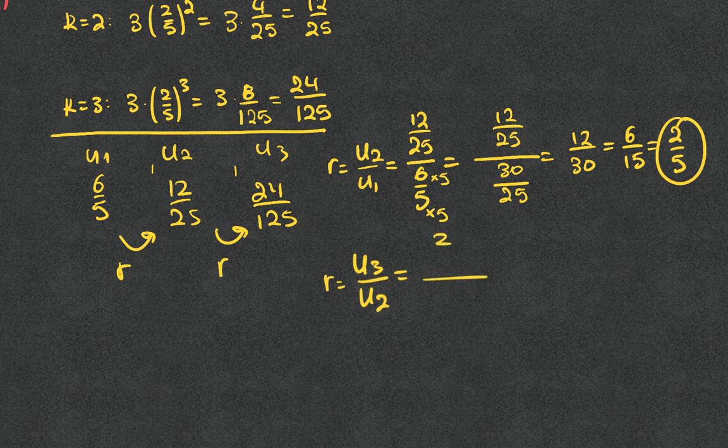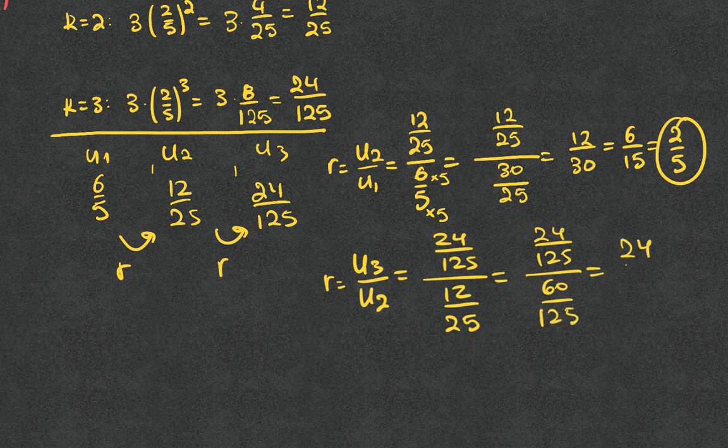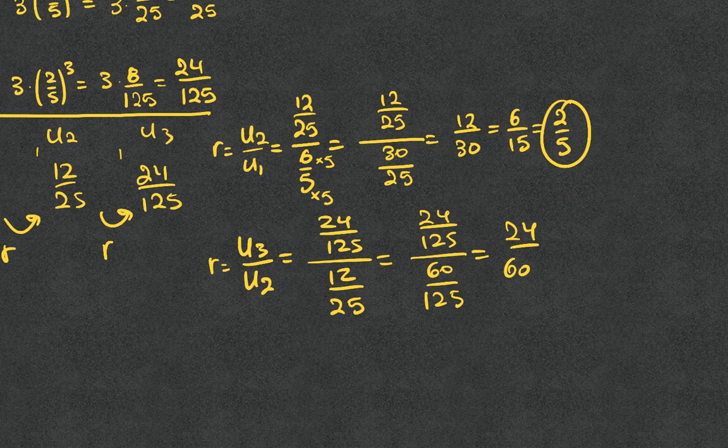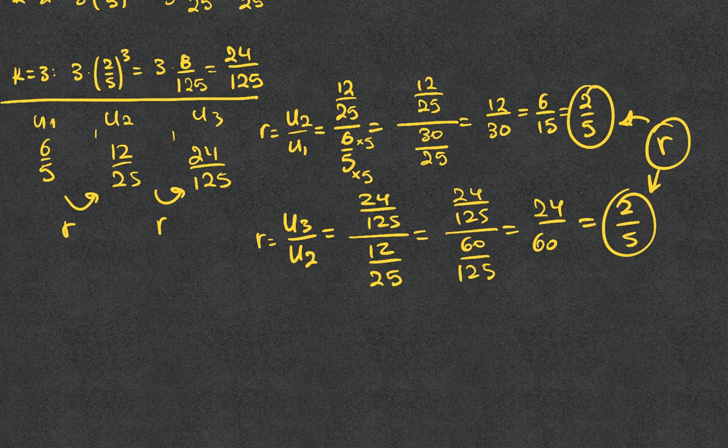So if I divide 24 over 125 by 12 over 25, again, let's make them both fractions over 125. So times 5, that's going to become 60 over 125. The final answer is going to be 24 over 60. And then 12 goes 2 times into 24 and 5 times into 60. So there you go, the ratio between the first and the second terms and the second and the third is equal to 2 over 5.